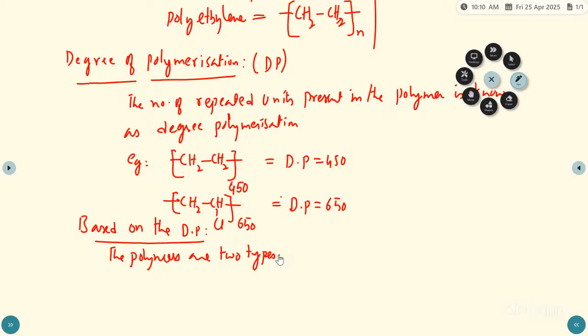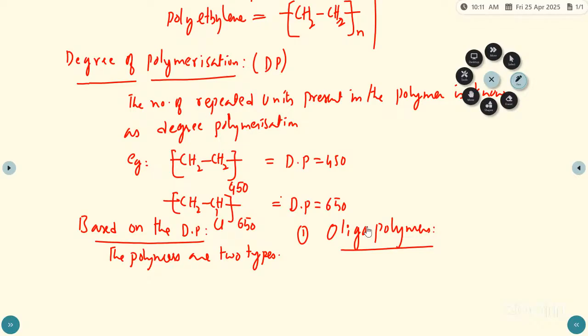They are: one is oligopolymers, and the second one is high polymers. What are oligopolymers?